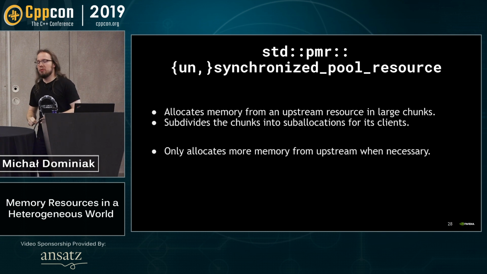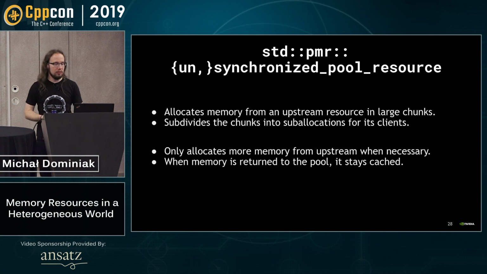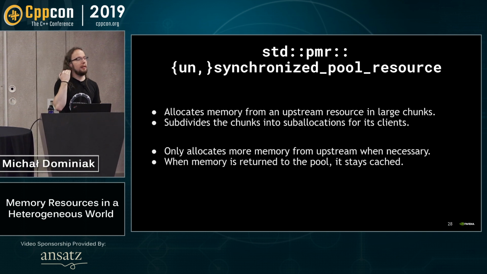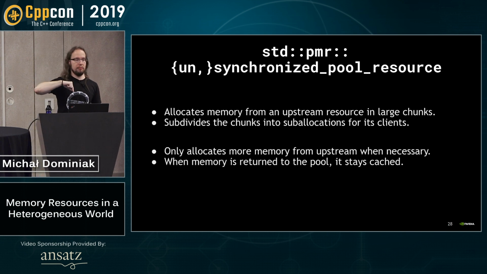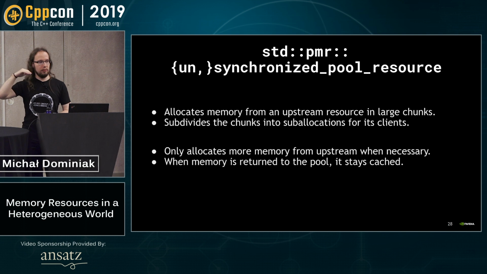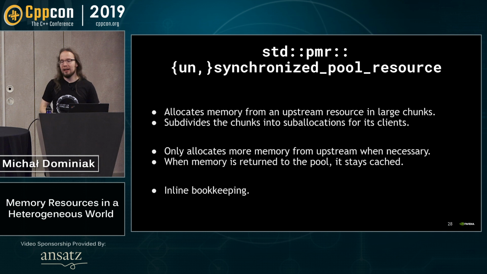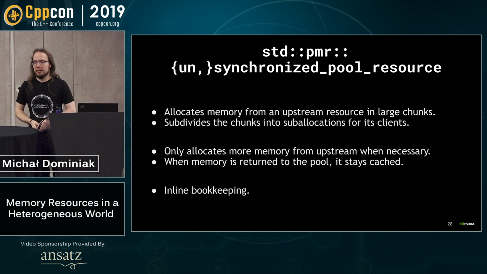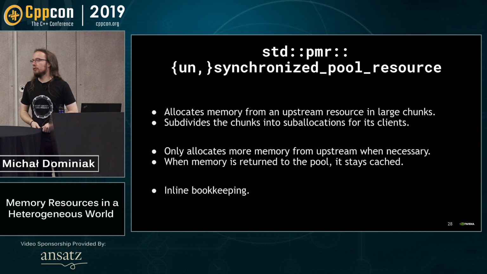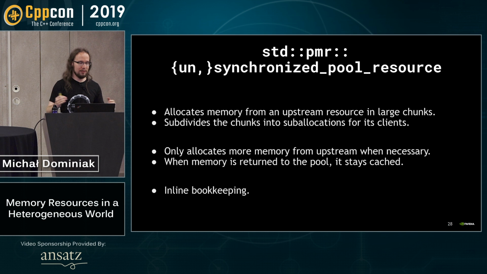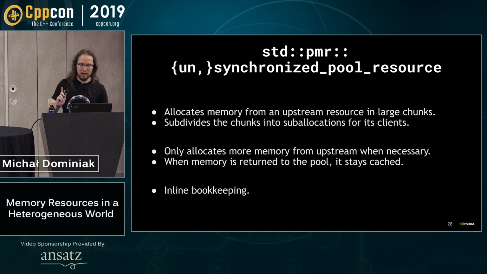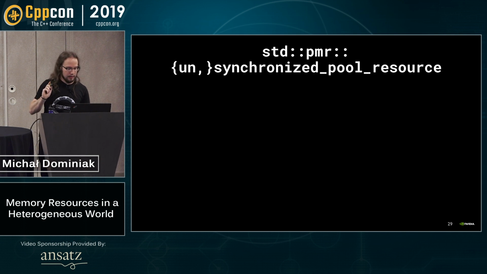We will only allocate more memory when it's necessary, and when our clients give back the memory that the pool gave them, we keep onto the memory, so we don't give it back. And due to how this is, it will most probably use something that I call inline bookkeeping. There's probably terms that people have for this that are different, but let's stick with this one. What this is, we'll get to in a moment.